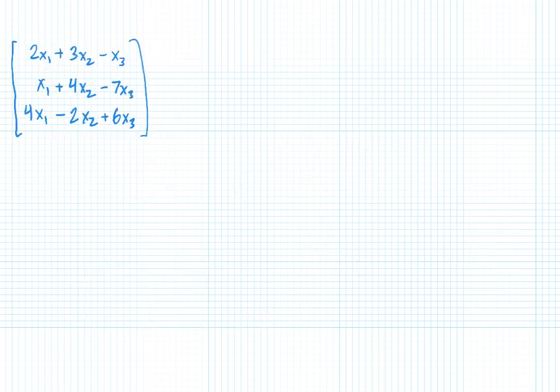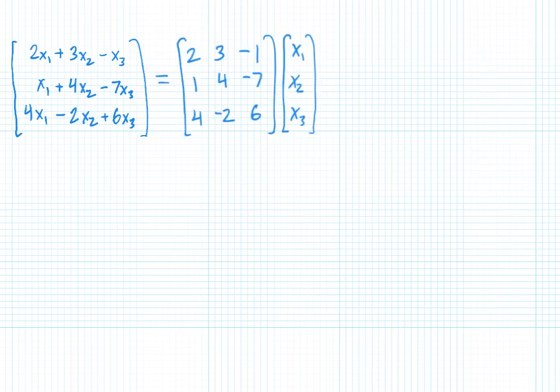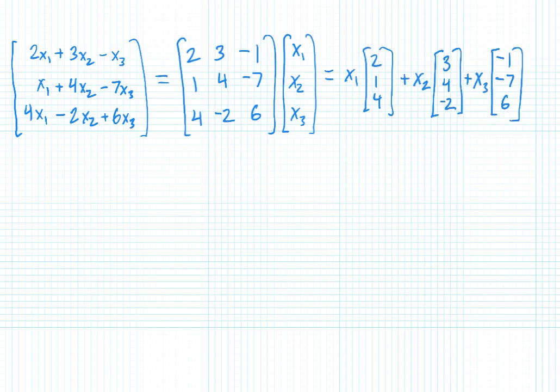So let's just focus on the left-hand side of the equation we were just looking at. From what we learned before, we know that this can be rewritten as a matrix times a vector. And now, from what we've just seen, we know that we can rewrite it in yet another way as a combination of vectors. And I just want to point out that if you're at all skeptical of what I just did, you can do these calculations yourself just to make sure that it works.